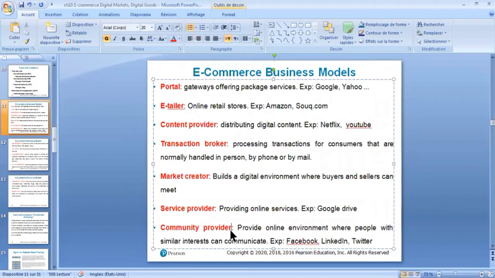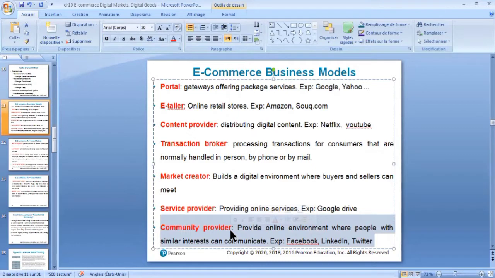وفاينلي فما الكوميونتي بروفايدر انه هذوما websites that create a digital environment where people with similar interests can transact. They can buy and sell goods. They can share their interests, their preferences.